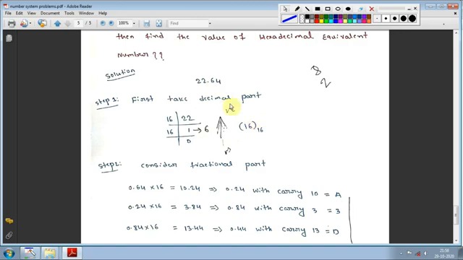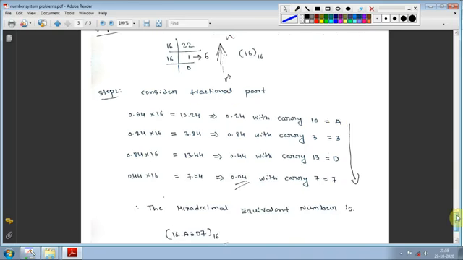Now the fractional part I will be taking, that is 0.64. I will multiply it by 16 first. When I do, I get 10.24. I will take the integer part as a carry, 10, which I can write in hexadecimal as A. Then I take the part 0.24 and multiply it by 16 again.